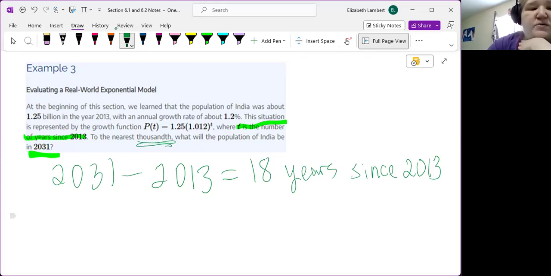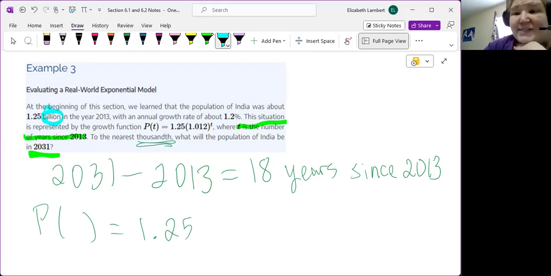So now we have P of T equals 1.25, that initial population. Remember though, that initial population was in billions. So our answer here will be in billions. It'll match the unit of our initial value.